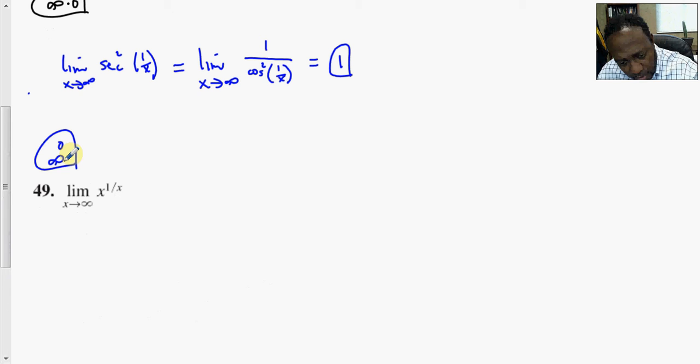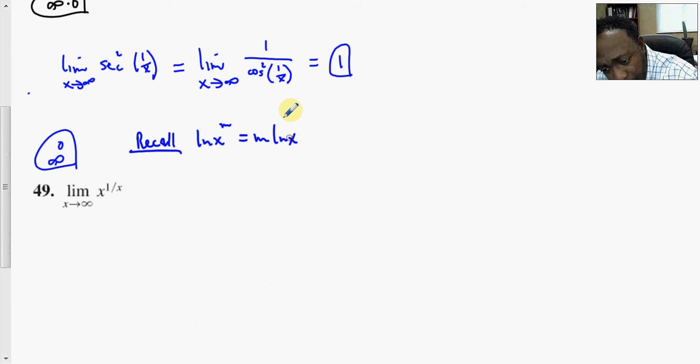But to do L'Hopital's, we need to be able to bring down this 1 over x as a power. We can use something from the natural log properties. Recall that the natural log of x to the m is equal to m times the natural log of x.